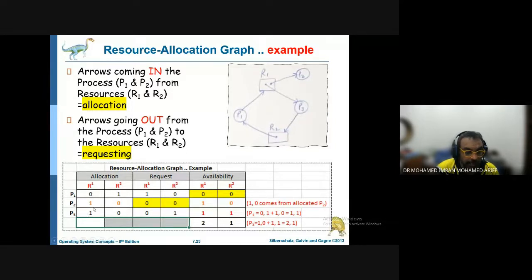P3 sedia kala dah diberi 1 and 0. 10 plus 11, which is this one, dia akan jadi 2, 1. How do you get to 1? 1 plus 1, and 0 plus 1. You get to 1. So jawapan terakhirnya ialah 2, 1. Betul tak? 2, 1.